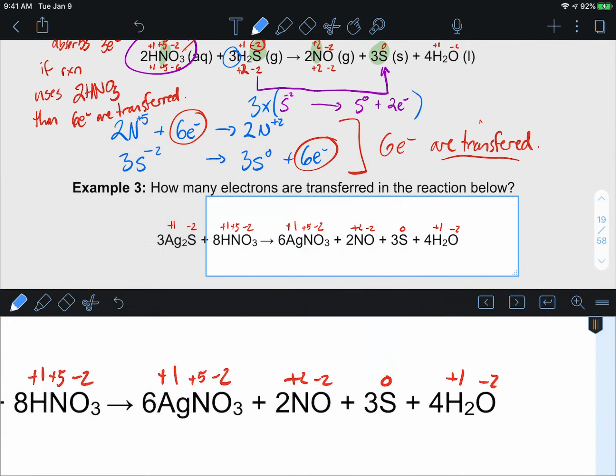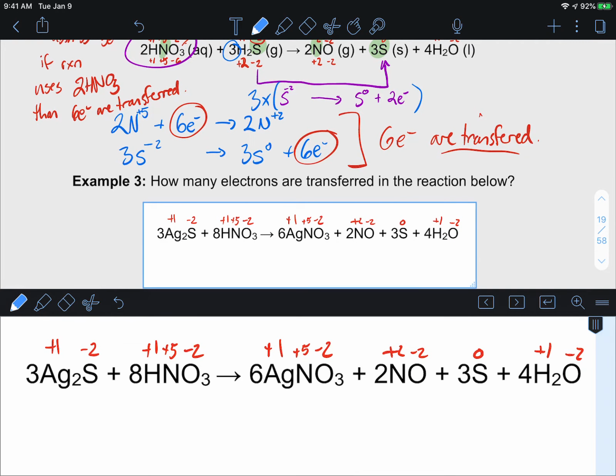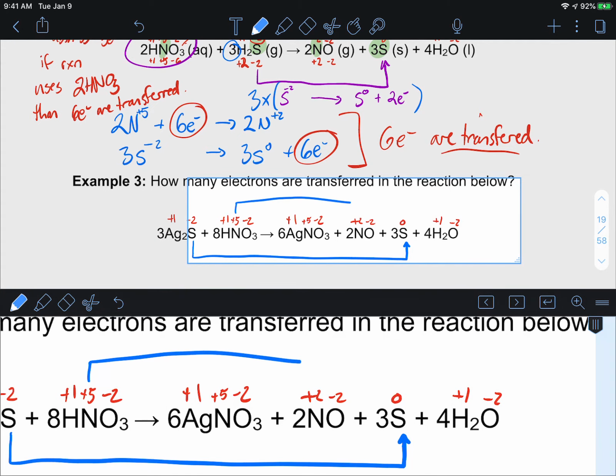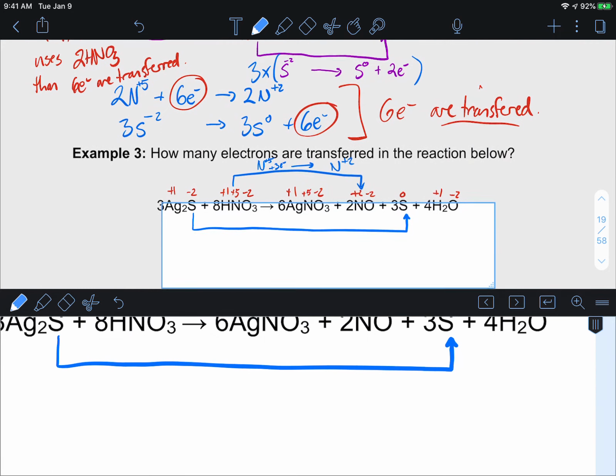Okay, I've looked at this question before, and I find that it's still very valuable to write out these little arrows and make sure that you're really clear on what elements are changing oxidation states. Especially in this one, where we have 2 nitrogen sources on the right, that can be very confusing. So let's make sure we're clear that the nitrogen here is going from N +5 to N +2, so that means we are adding 3 electrons to each of those nitrogens.